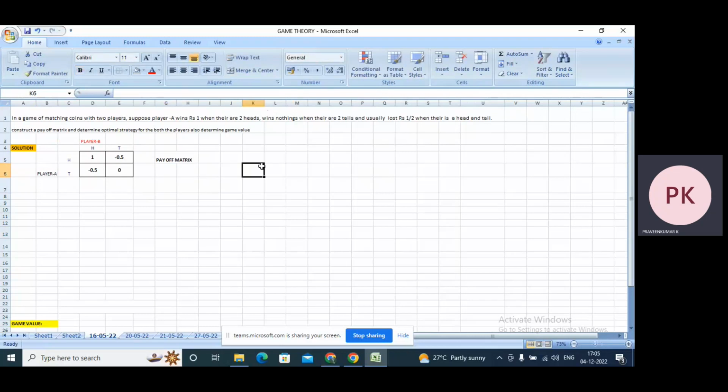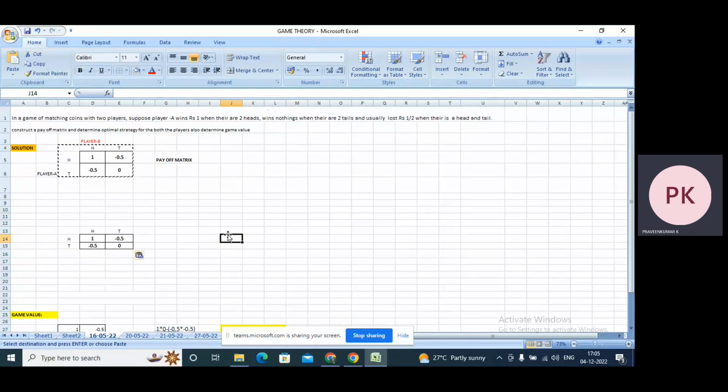After constructing the payoff matrix, now we need to determine the optimum strategies for these two players. Let us see how to find the optimum strategy.